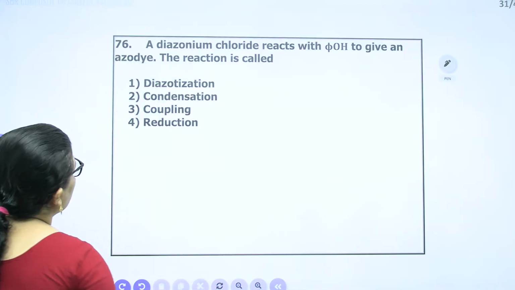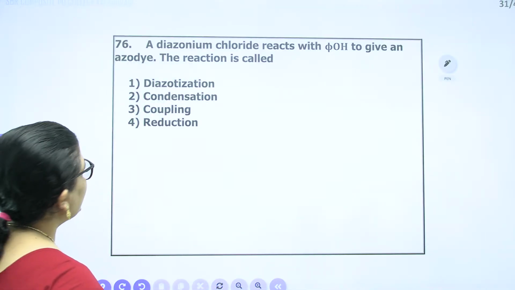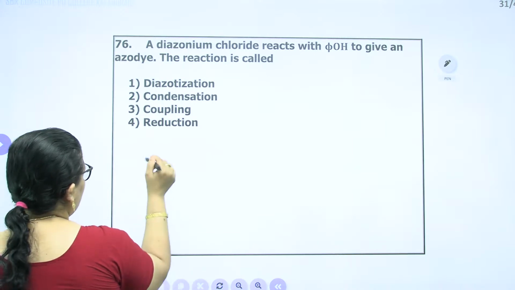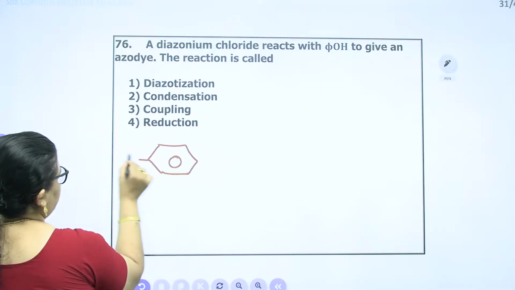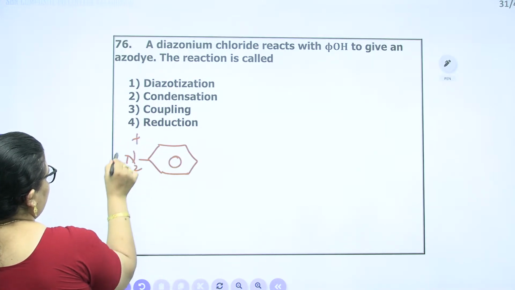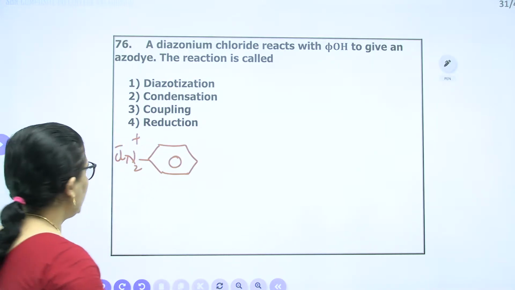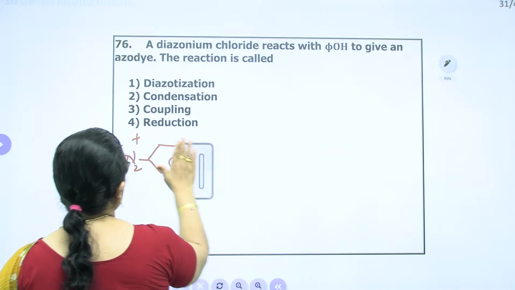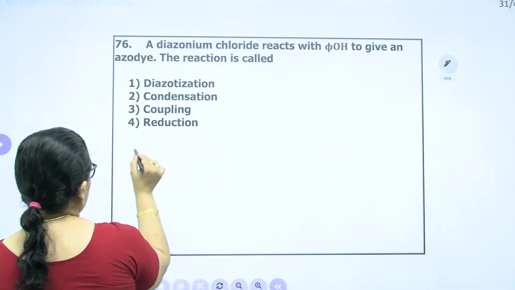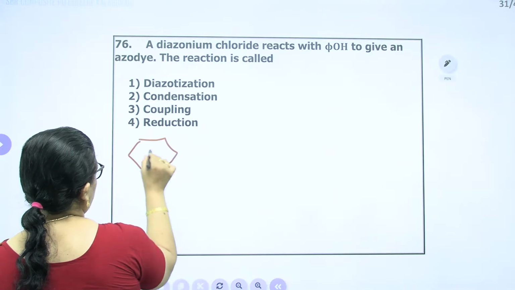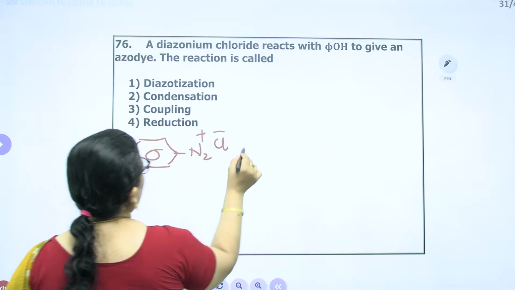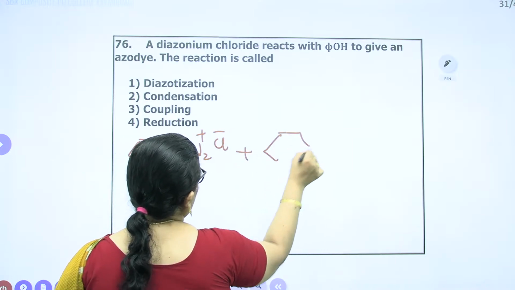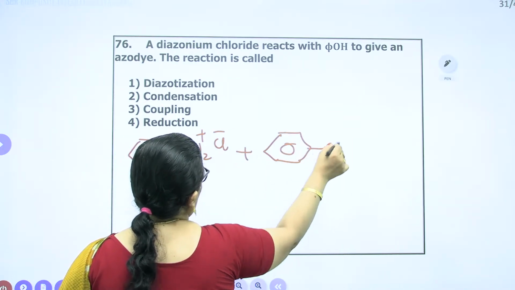76. Diazonium chloride reacts with phenol. Benzene diazonium chloride with phenol, C6H5OH.